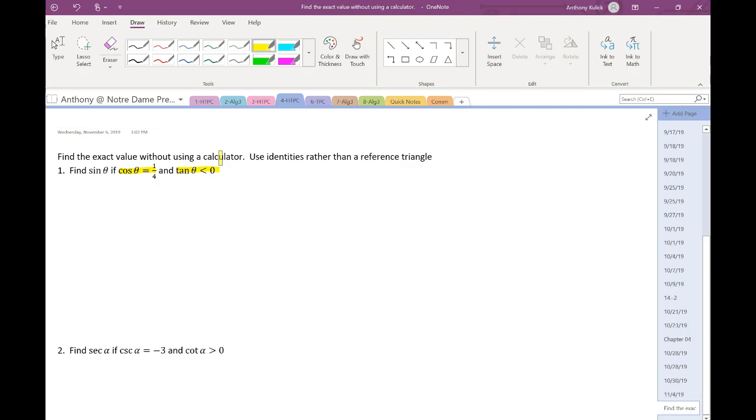This first one, it's a little bit tricky. I would look specifically at the Pythagorean identities.